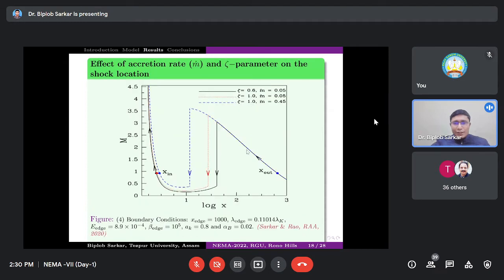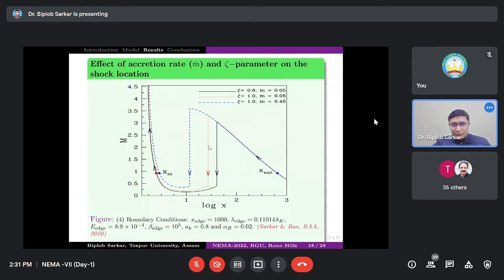Now we come to another result, where we have tried to study the effect of the accretion rate and the zeta parameter. We recall that zeta is the parameter which prescribes the magnetic flux advection rate. Let us see how the accretion rate and zeta parameter affect the shock location. Here also at the outer edge of 1000 Schwarzschild radii, we have injected matter with some sub-Keplerian angular momentum and some specific energy, and the spin parameter here we have chosen to be 0.8.